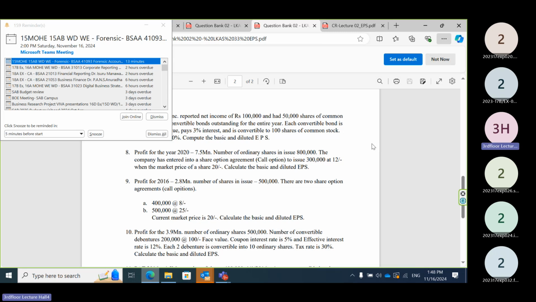So if we have a fresh issue on the 30th June, definitely we have to give a kind of weightage. But here we are not giving. Why? There's no such contribution. Contribution is the same, so no need to give a weightage. It should be considered from the inception date, basically from the first day of the reporting period.